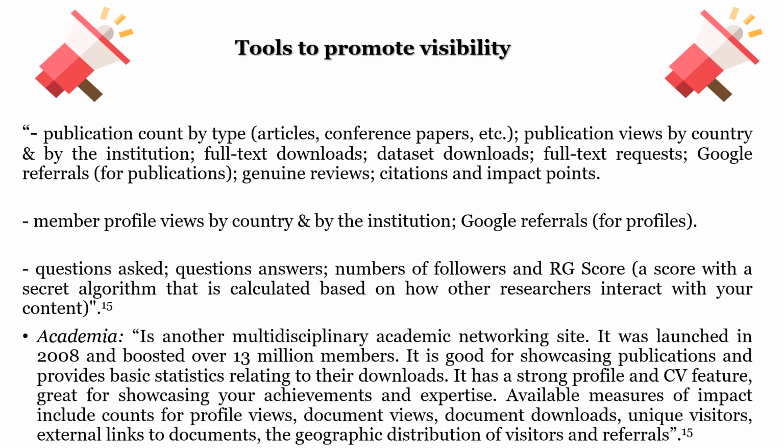Its available measures of impact include the count for profile views, document downloads, unique visitors, external links to the documents, the geographic distribution of the visitors, and the referrals. So these are the tools which help you to promote your visibility and the impact of the research work.